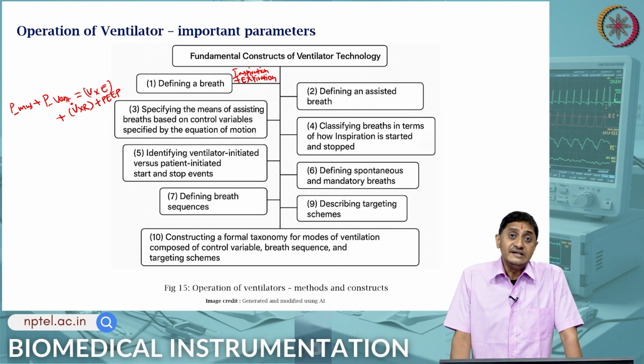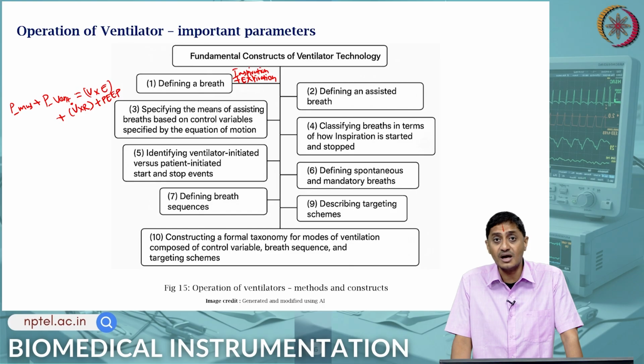Now, your ventilator control system must solve this equation in real time. Every instant, your ventilator control system must solve this equation and provide the appropriate ventilation that is needed. Okay. So, that is the next construct, which is essentially the means of assisting the breath based on the control variables.